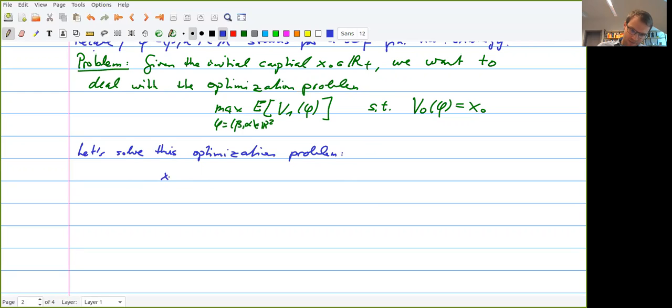What we know is the first constraint: it doesn't matter which trading strategy I pick, the capital I have at time 0 is given, so x0 is given by the number of shares I hold in the risky asset plus the number of bonds I hold, and this is normalized to 1, so b at time 0 is 1.